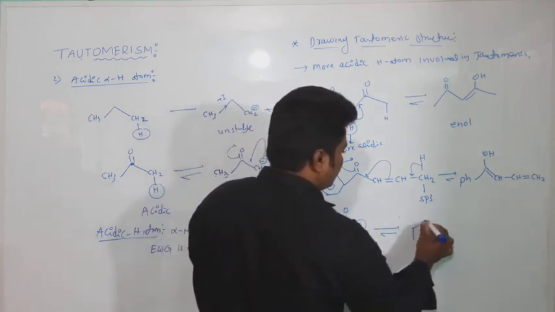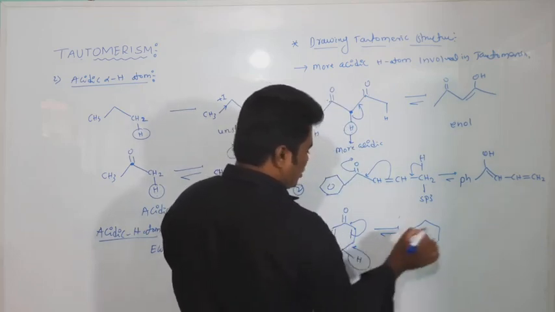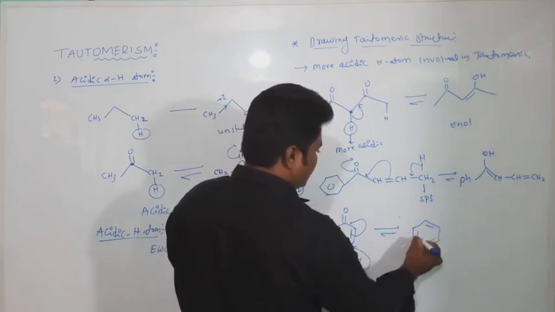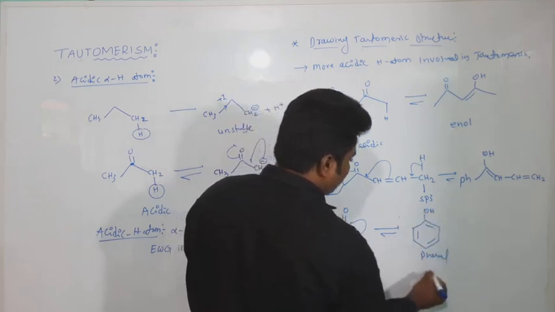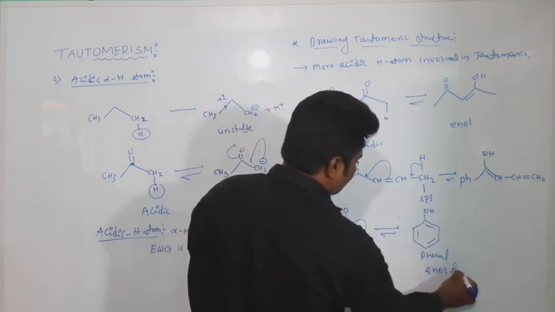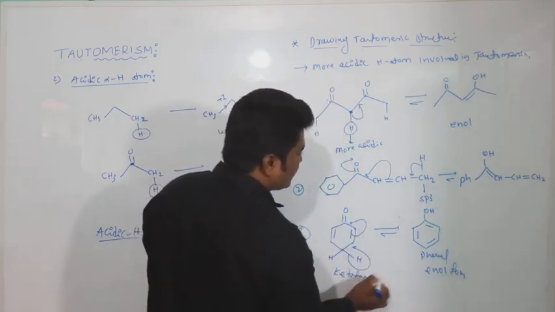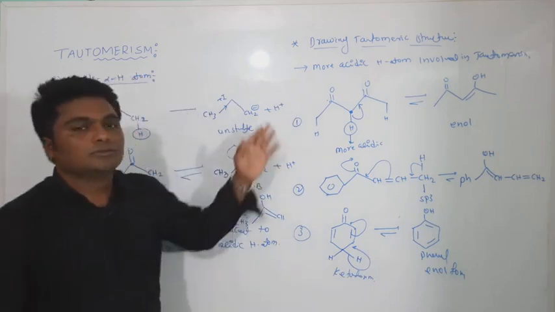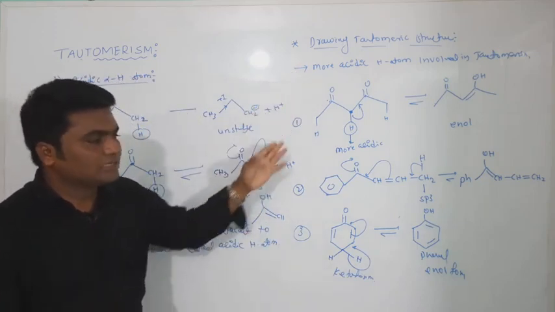Now here you will get the tautomeric structure. This is one bond, and here also one bond. Here you are actually getting phenol. The compound name is phenol, but this is the enol form. Okay, and this is the keto form. So this is drawing the tautomeric structures. Understood? Some more examples I will give.